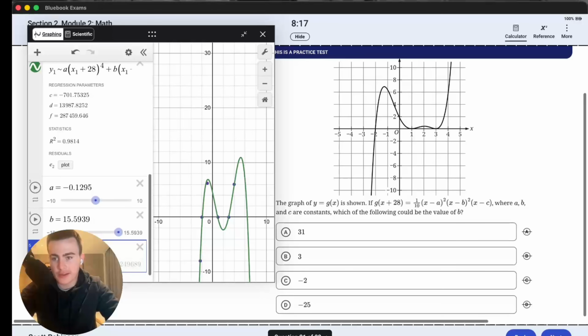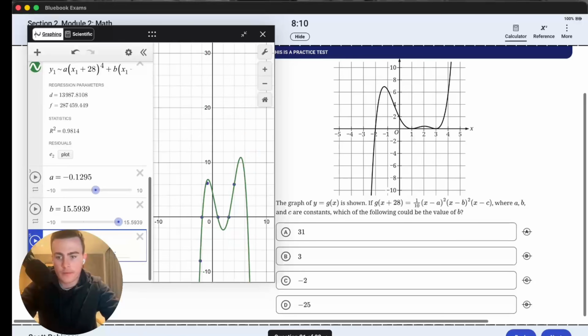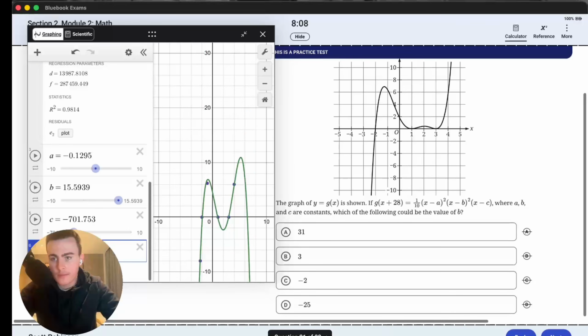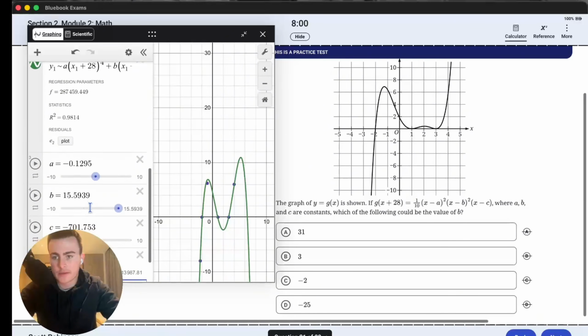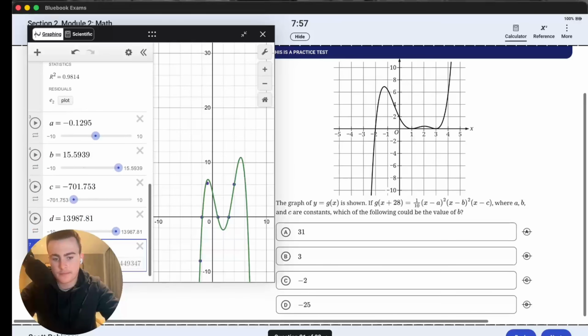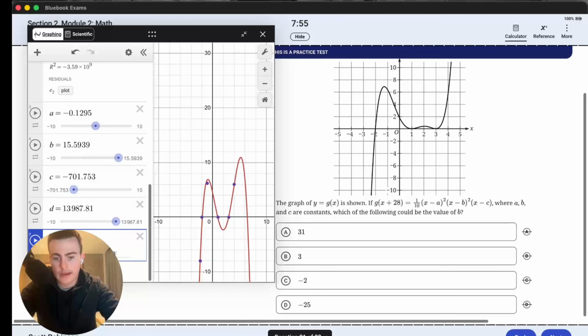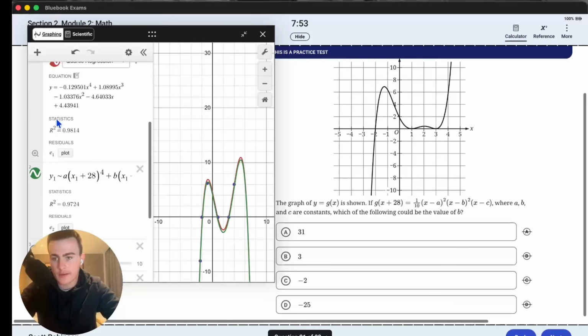I really don't know if this is a fast way to do this. Negative 701.753. 13,98781. And then F is 287,459. Anything except do this by hand, am I right?